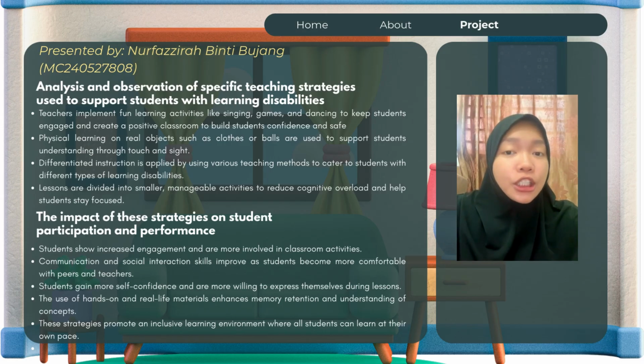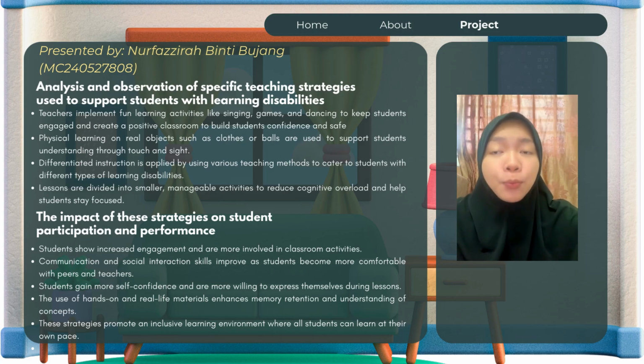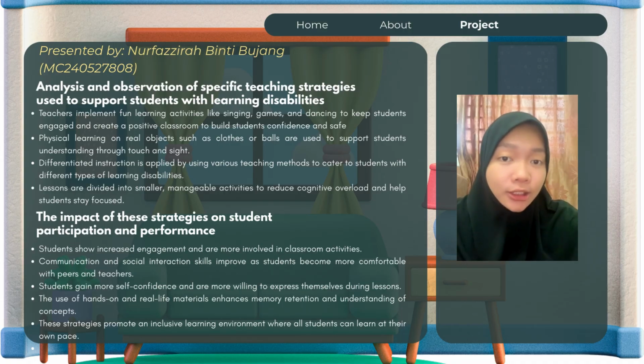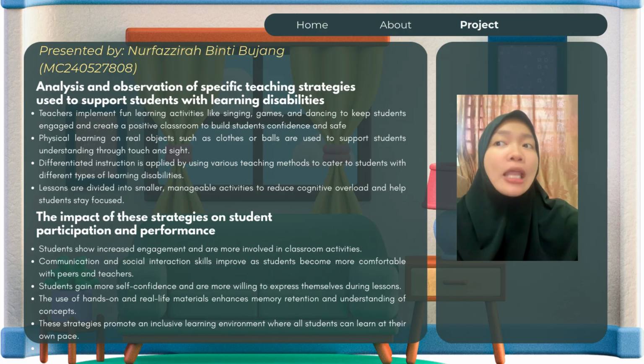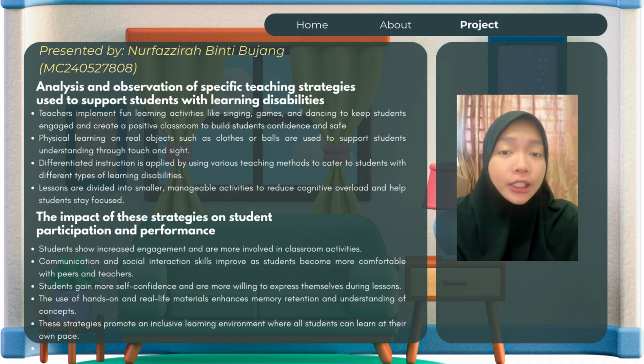Next, she uses physical learning on real objects such as a cloth or ball, which actually helps students understand the concept better through hands-on experience and visual memory. This supports multi-sensory learning, which is important for students who struggle with abstract thinking.